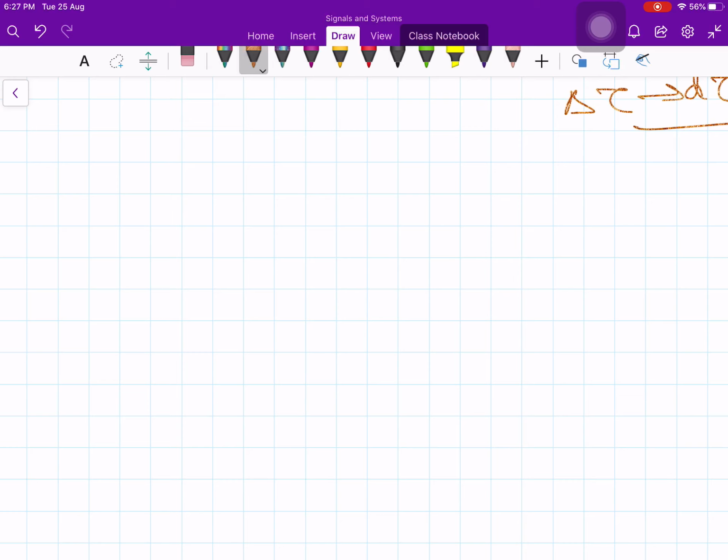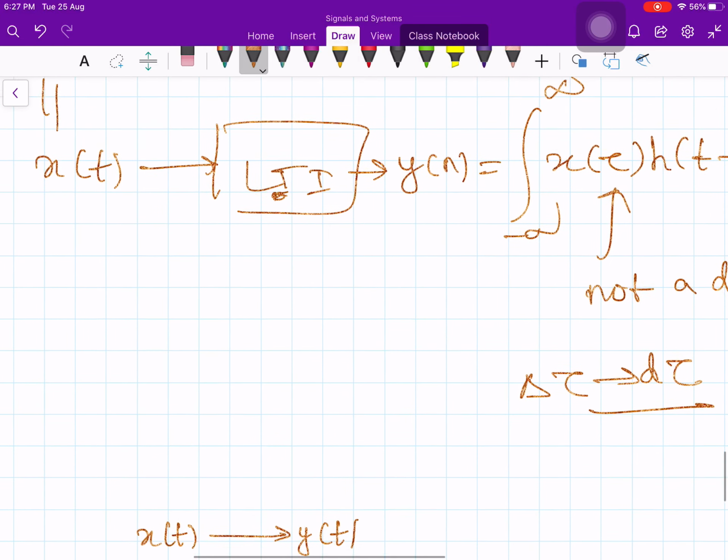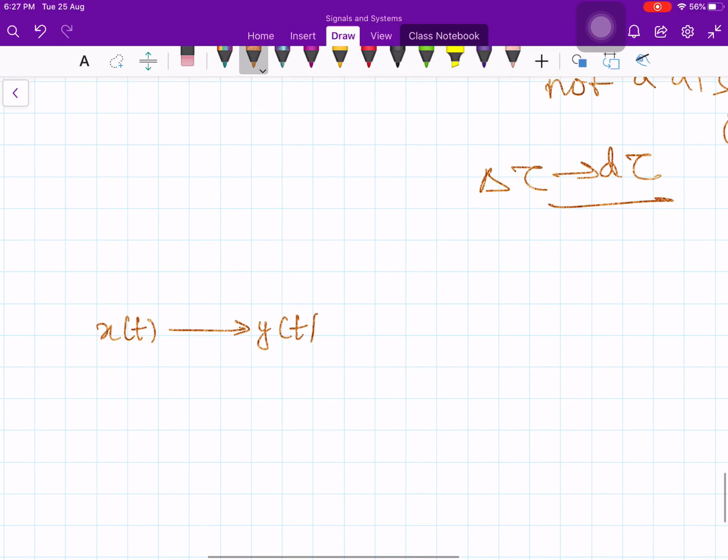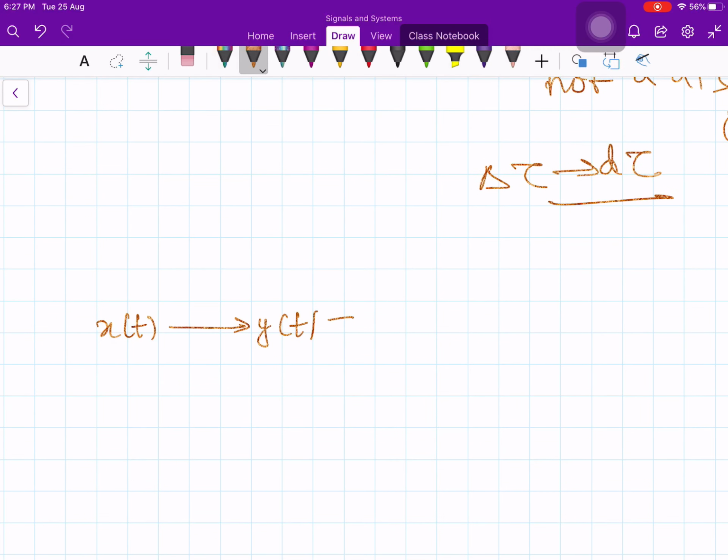So x of t gives rise to y of t. Sorry, this is not y of n, I wrote y of t. y of t is equal to the integral of x of tau h of t minus tau d tau.